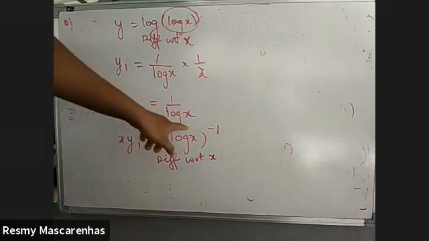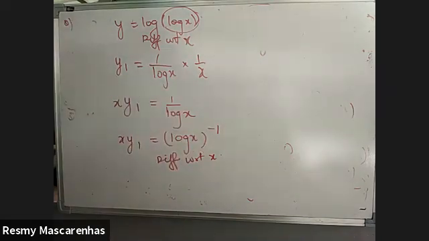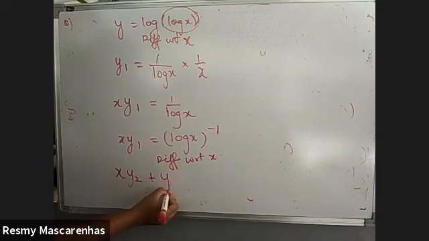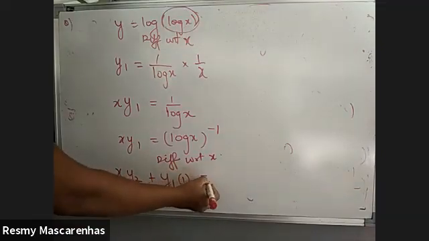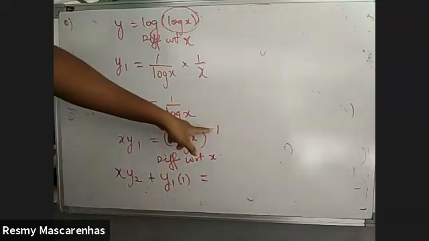This is like the x raised to n formula. This is u into v. So when I'm taking the derivative, u into v: x into the derivative of y1, which will be y2, plus v into the derivative of u, the derivative of x is 1, is equal to x raised to minus 1.